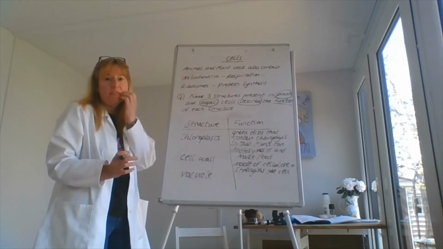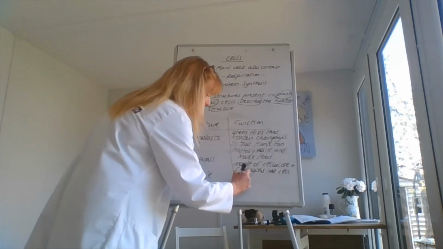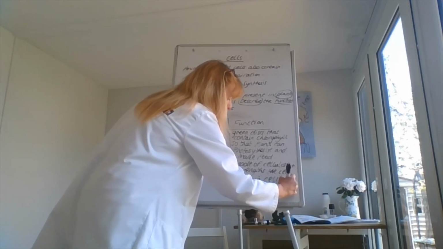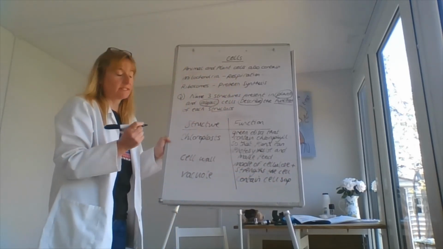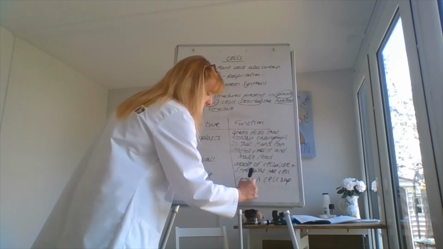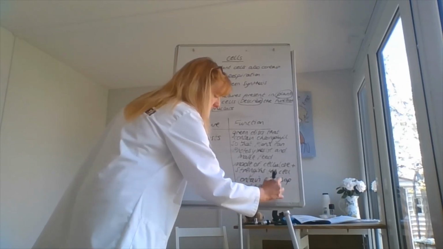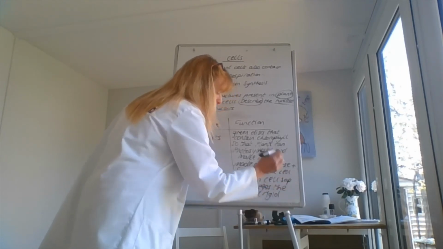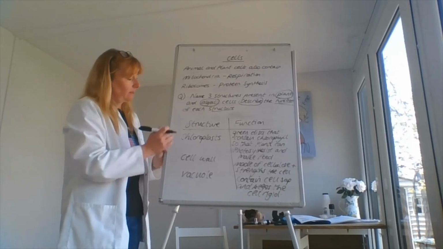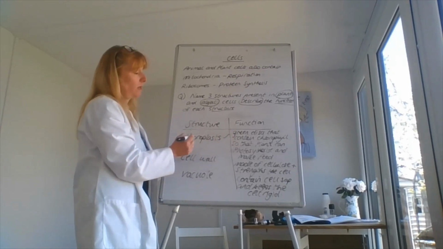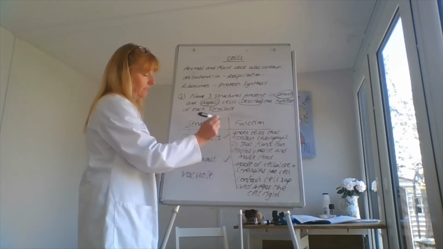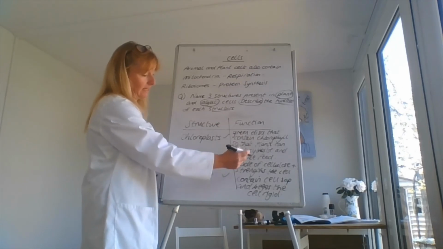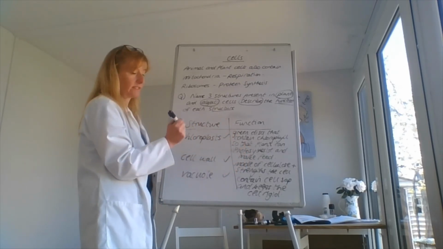If you remember, the vacuole contains the cell sap, and it also keeps the cell rigid. Okay, so that means that you've got tick 1 mark chloroplasts and their function, tick 2 marks cell wall and its function, tick vacuole and its function. That's 3 marks in total.